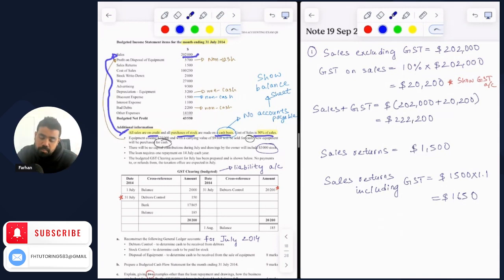Now, the GST on the sales should be calculated at 10% of the original sales amount of $202,000, which is $20,200.